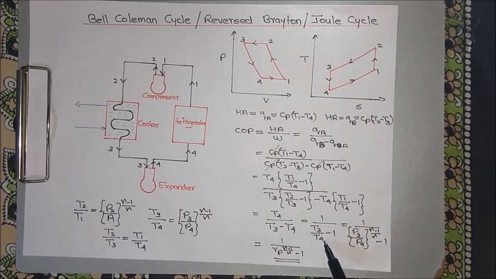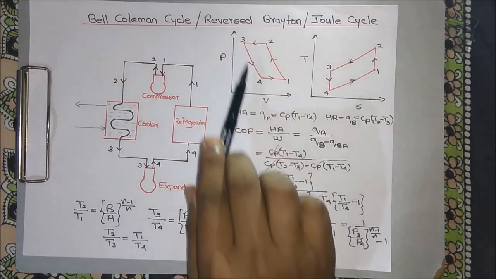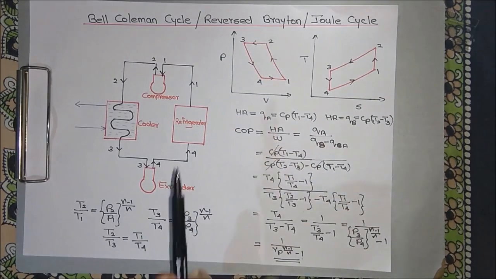This T3 by T4 is already found, that is P3 by P4, all raised to gamma minus 1 by gamma. Substituting this, we get it in this fashion. P3 by P4 is equal to P2 by P1.